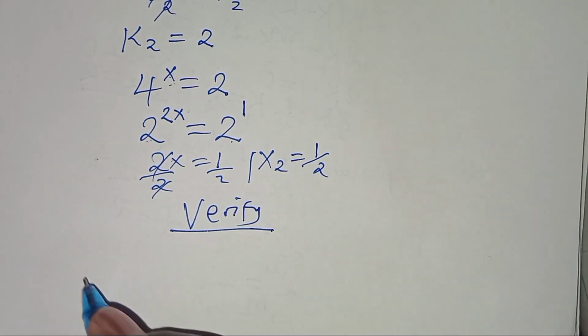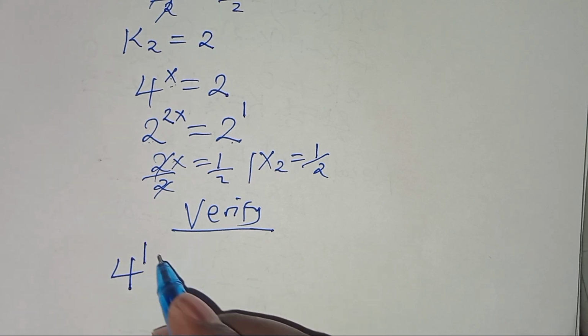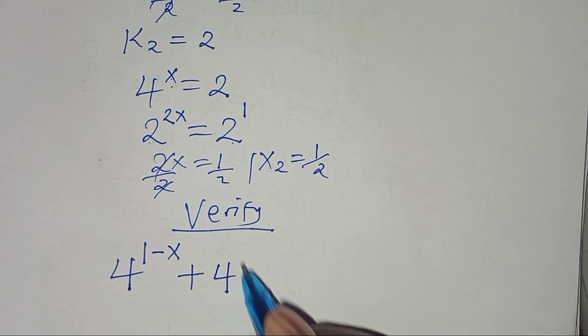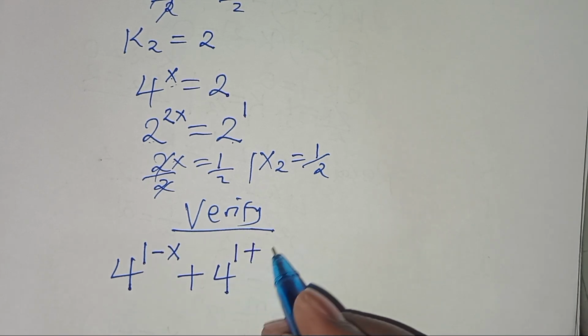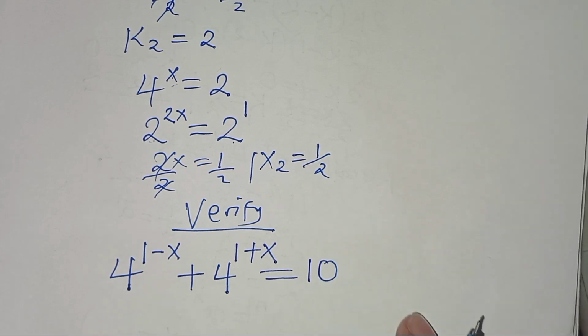Now, if you recall, we have 4 to the power 1 minus x plus 4 to the power 1 plus x. This should give us a value of 10.